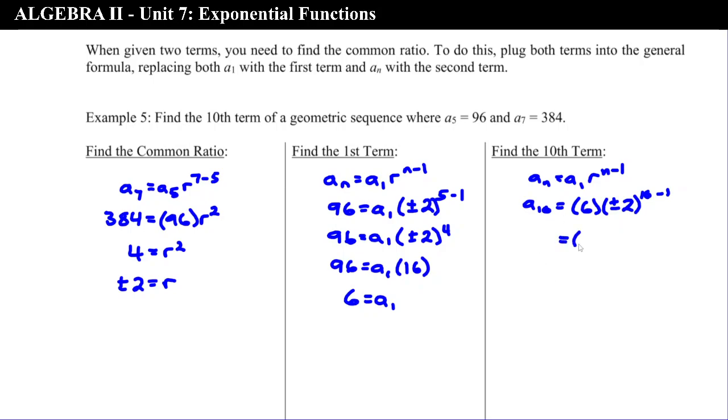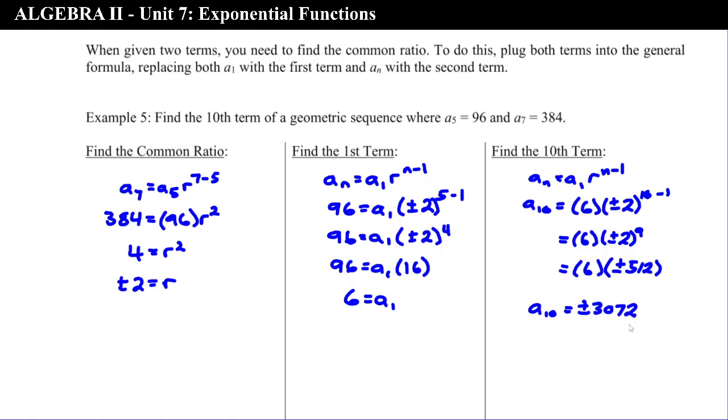So when we do this, we get 6 times plus or minus 2 to the 9th. Since this is an odd power, you're going to continue to have a plus or minus on here, because positive 2 to the 9th is going to give you 512. Negative 2 to the 9th is going to give you negative 512. So you're still going to have a plus or minus 512 here. And then when you multiply it by 6, you're going to get that a sub 10 is equal to plus or minus 3072.